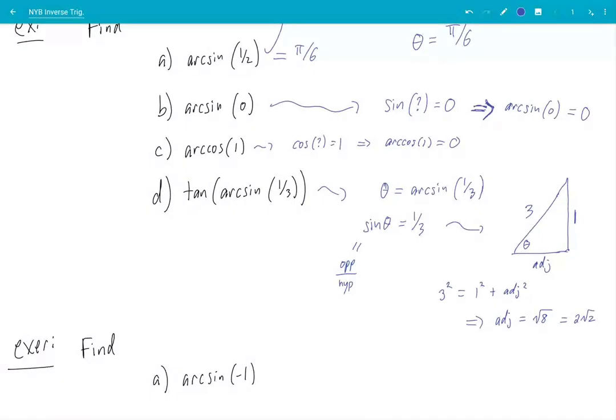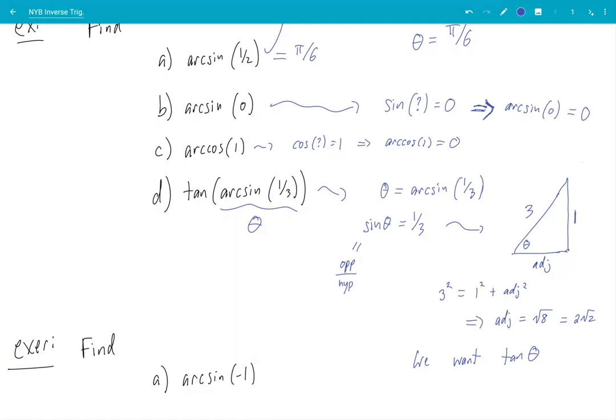Now, let's take a step back and remember what we're looking for. We want tan of this thing. So we want tan theta. Okay, so now you can see why I drew this triangle.